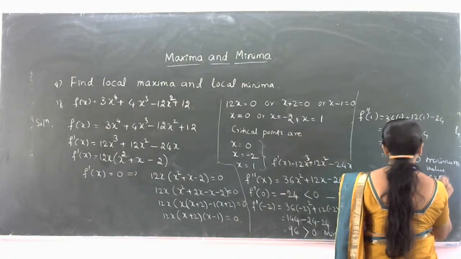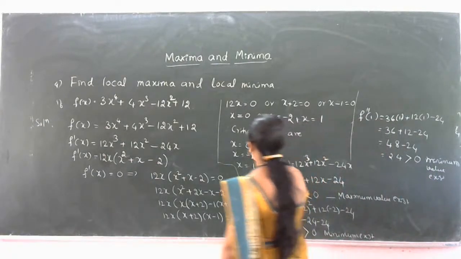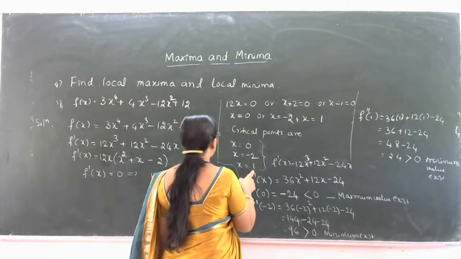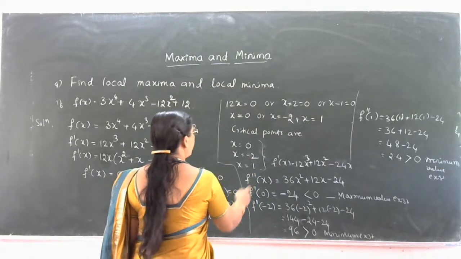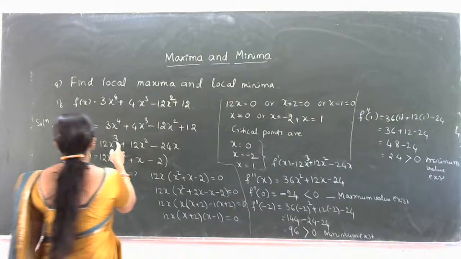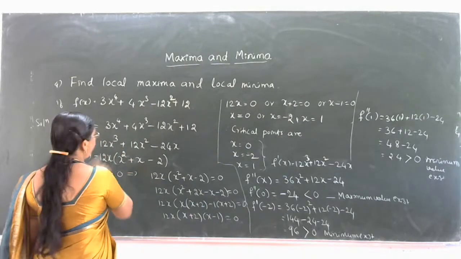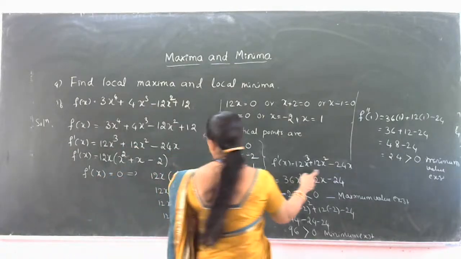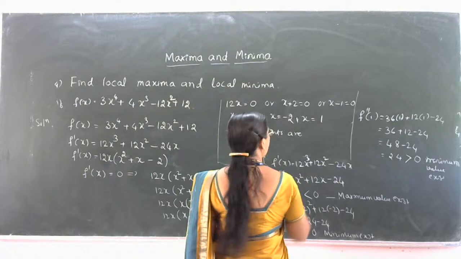Here, first we find the critical points 0, minus 2 and plus 1. Then we find the second derivative of the function. The first derivative is 12x cube plus 12x square minus 24x.